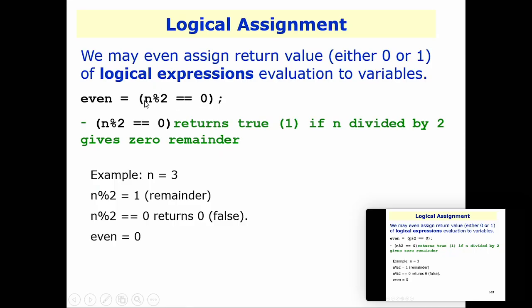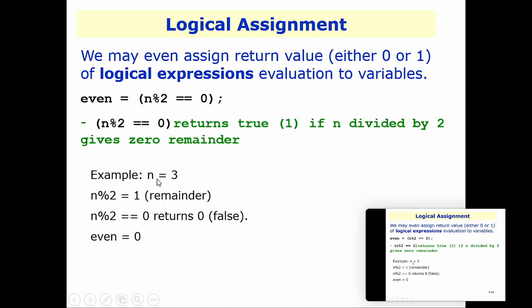Which means if n is an even number, then n%2 is 0, right? Then 0 equals to 0, which is true, so it will return 1. So if n is an even number, variable even will be 1. Otherwise, it's going to be 0.